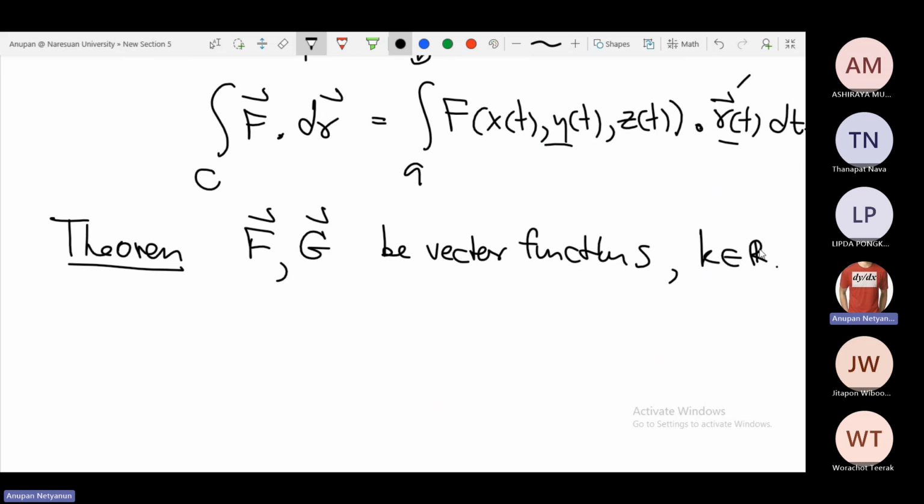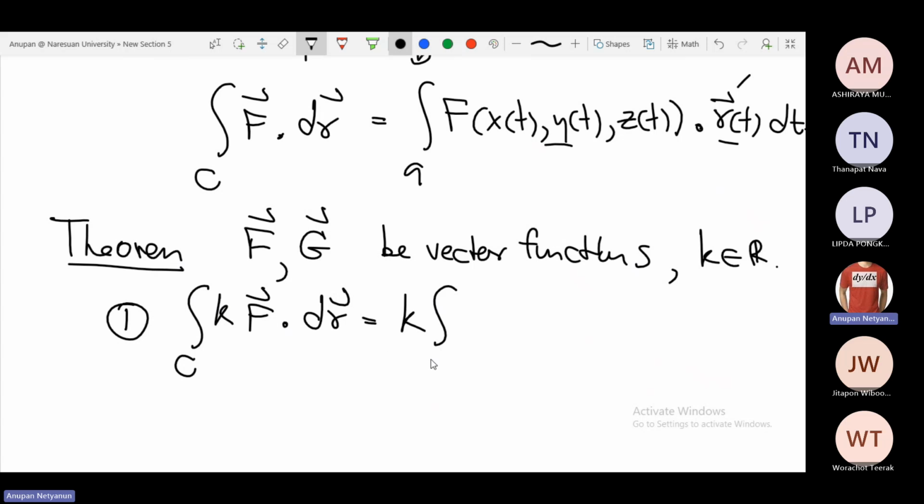But at this moment, let's talk only about when your k is in R. The first property is that the integral over the curve C of a constant times the vector function dot dr is equal to, well, the constant can come out, k times the integral over the curve C of f dot dr.